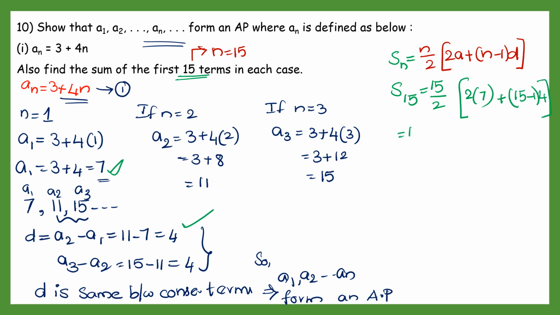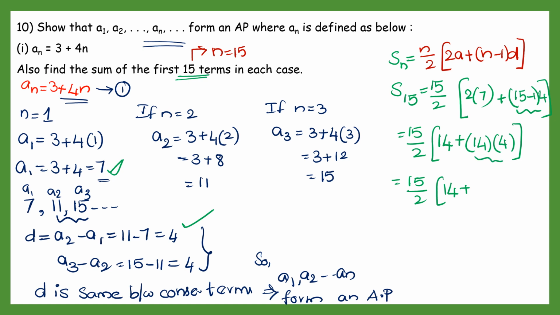So, you get 15 by 2 into 2 7s are 14. 15 minus 1 is 14. 14 into 4. So, 15 by 2 into 14 plus 14 into 4 is 56.